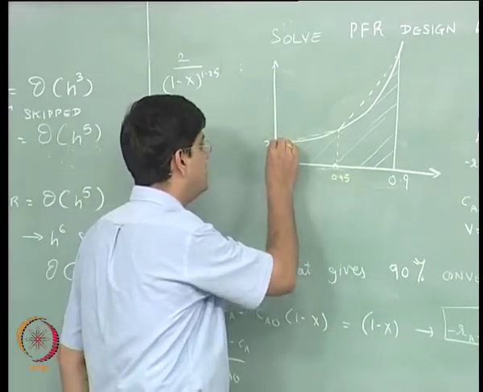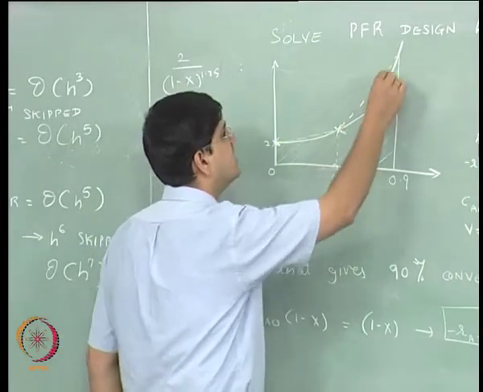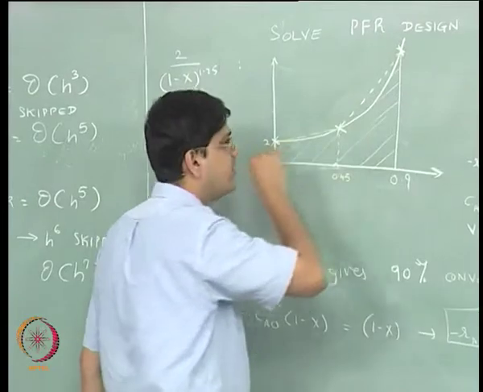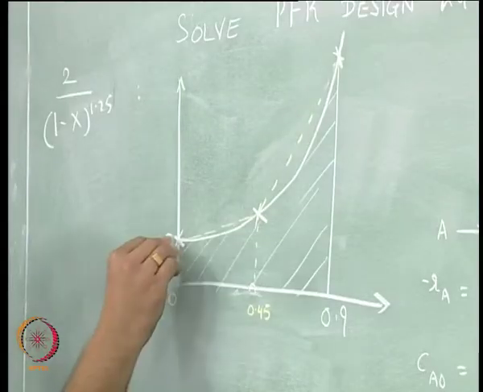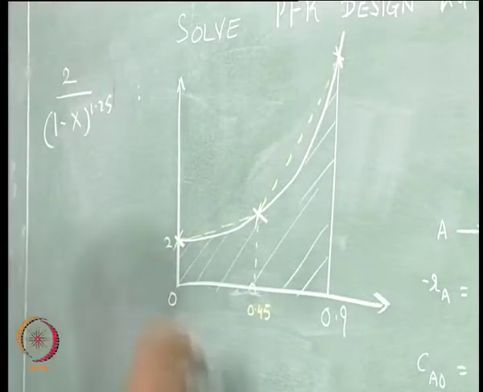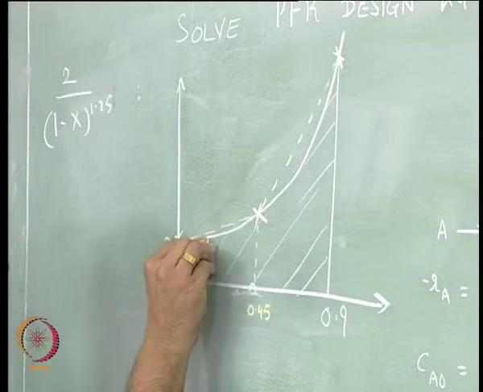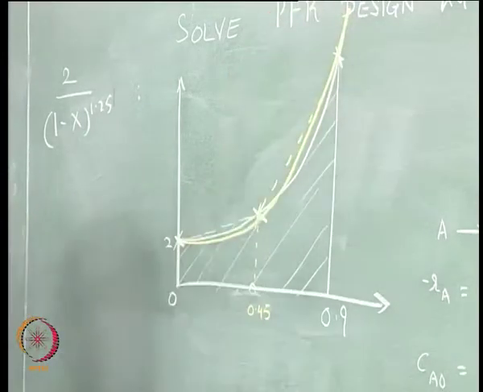Now, when we use the Simpson's 1/3 rule, we are trying to pass a second order curve through these 3 points. A second order curve through these 3 points may perhaps look somewhat like this.